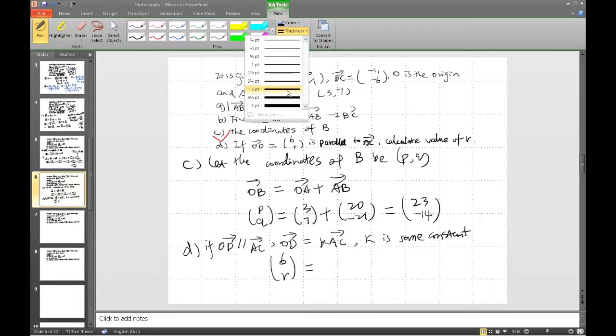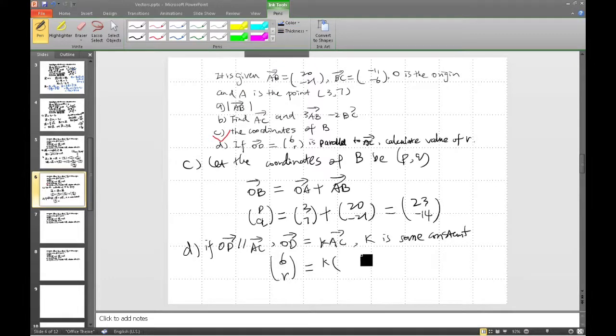So I will have this column 6 over R equals K times AC, which is 9 over minus 27. And therefore, I multiply the K in on the right side, and I will get 6 equals 9K.